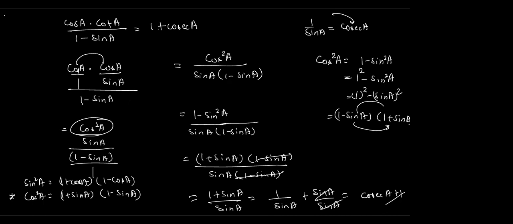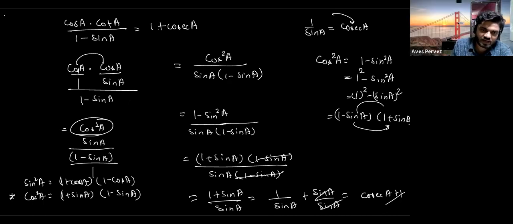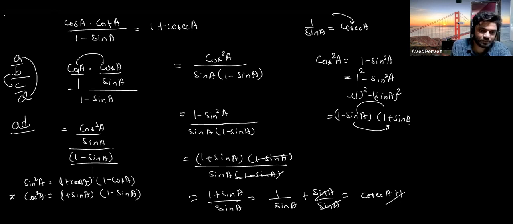Now, if a number is written in A upon B upon C upon D form, this means that they get multiplied with each other crosswise, and this will become A into D upon B into C. So when this one is A, this one is B, this one is C, this one is D, A into D is cos square, because D is 1.